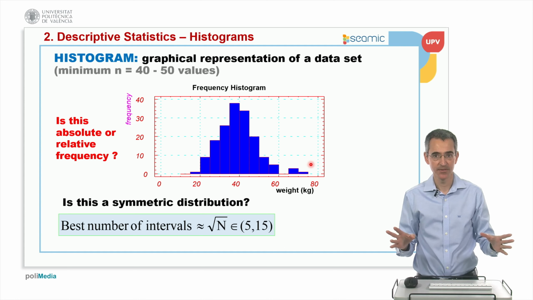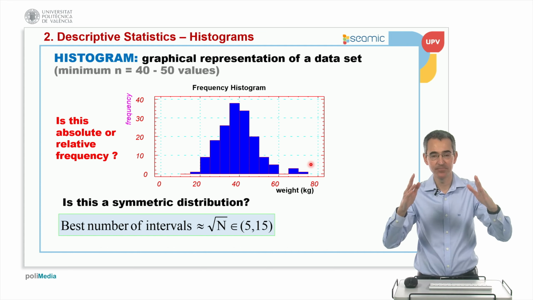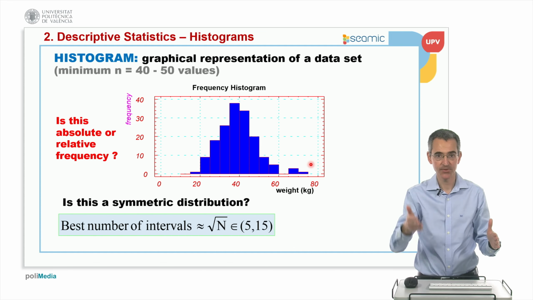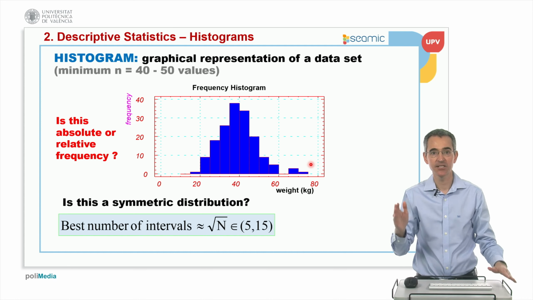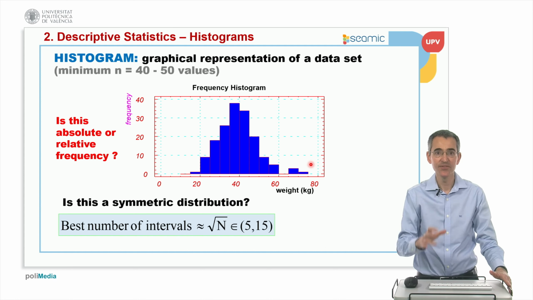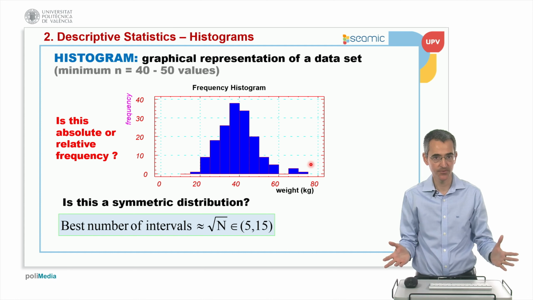And this is not true, because the target of the histogram is to provide a description of the general shape of the distribution. For example, is the shape symmetric? Is the shape clearly not symmetric? And so on. So imagine that I build a histogram with just 3 bars. The information that I will get is too poor, is not useful.